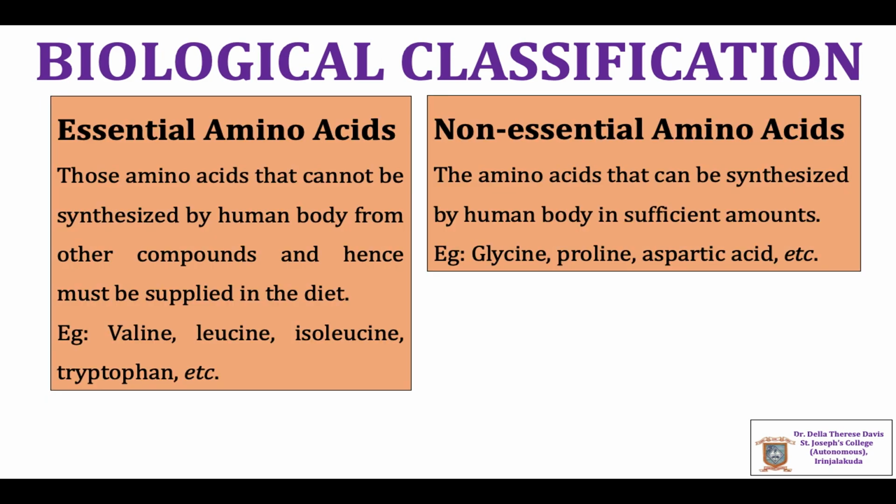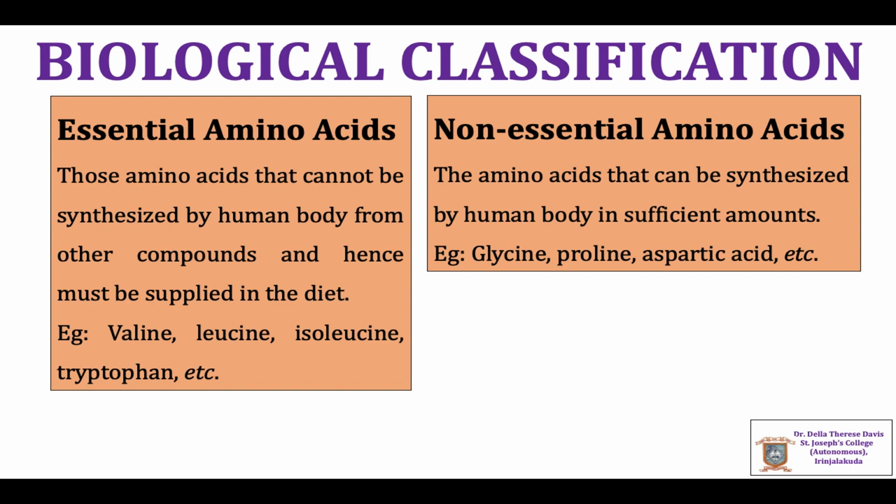In biological classification, amino acids are classified into essential and non-essential amino acids. Essential amino acids are those which cannot be synthesized by the human body from other compounds, and hence these amino acids must be supplied in the diet.